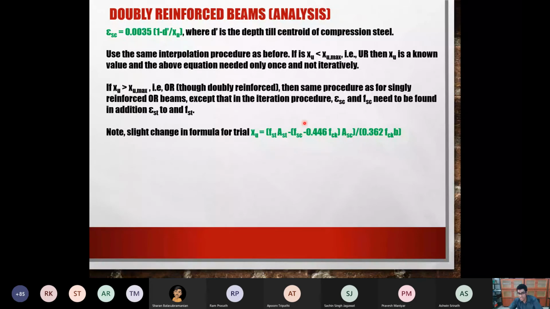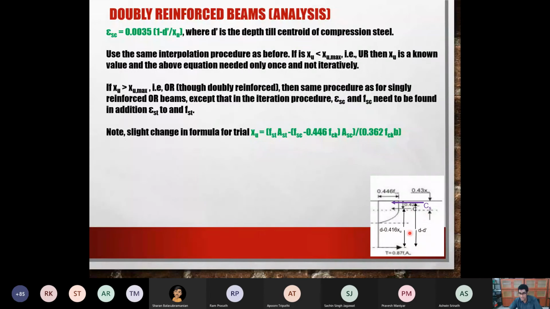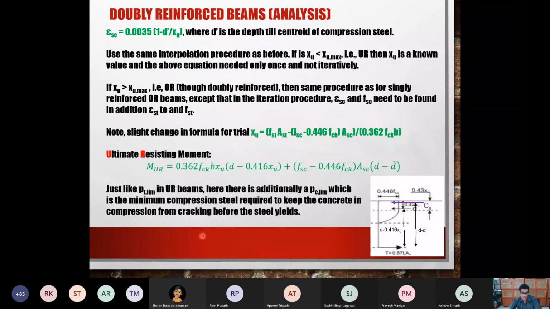So you account for that and then divide by 0.362 FCK B. This is the neutral axis, this is D minus D dash, and your ultimate moment of resistance will have this CS component also coming into the picture. So your moment of resistance becomes 0.362 FCK B D into D minus 0.416 XU, which you already know, plus this other part, which is given by this lever arm from the compression steel to the bottom tension steel.